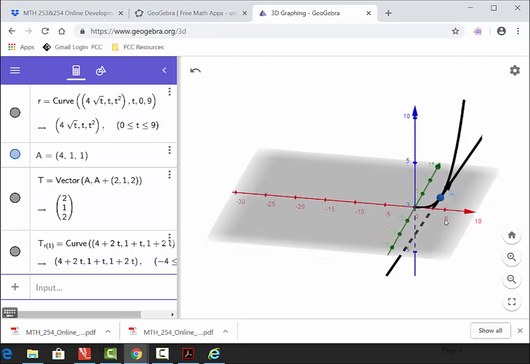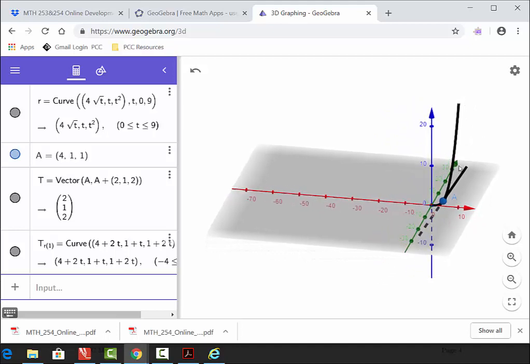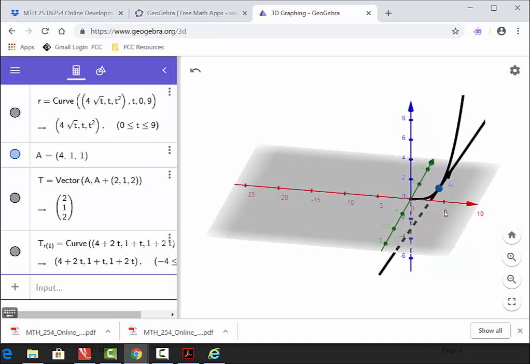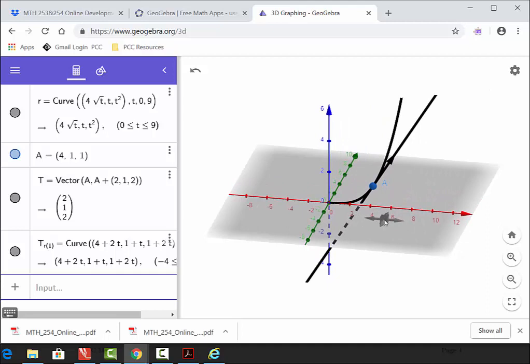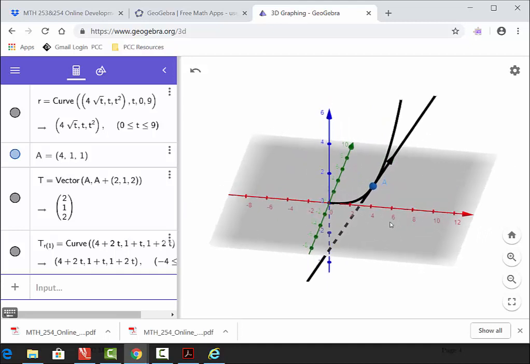Obviously, if I zoom out enough, it will kind of just be that section, but I can change my t-values if I wanted that to extend at all. Note, if I hold the shift key down, I can kind of relocate where this graph is on the screen here. Okay, and I believe that is all we are trying to do here.